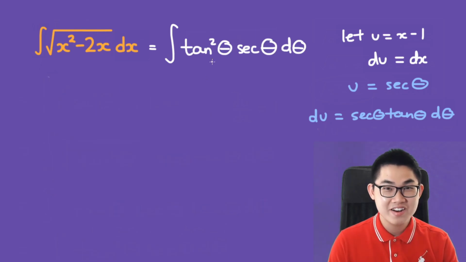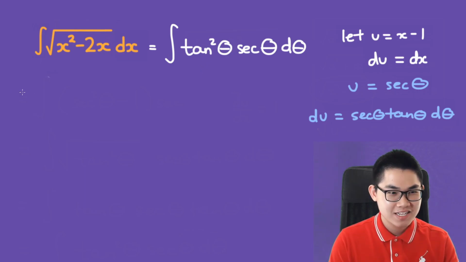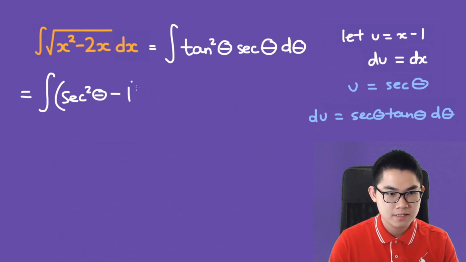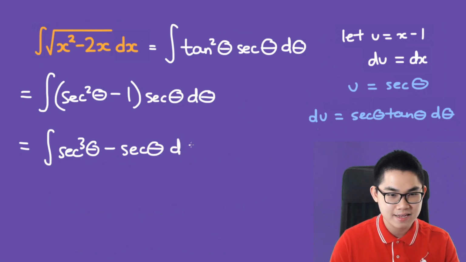What we can do here is convert all the tan into the secant, so it's easier for us. Let me show you. We have the integral of tan squared, and remember tan squared is secant squared minus 1, times secant d theta. So this is equal to secant to the power of 3 minus secant times d theta.